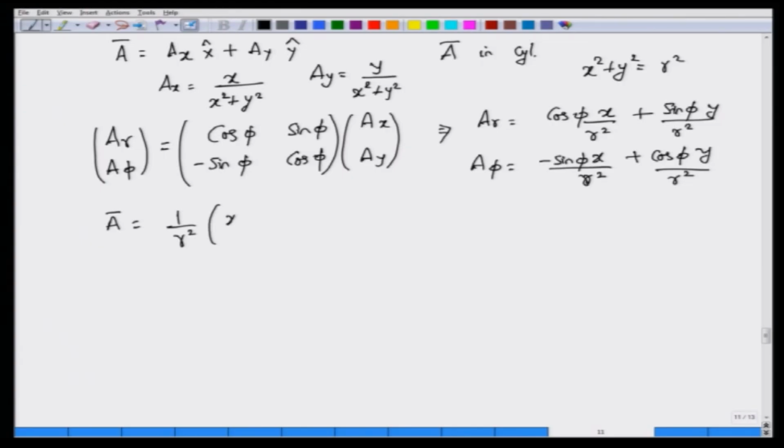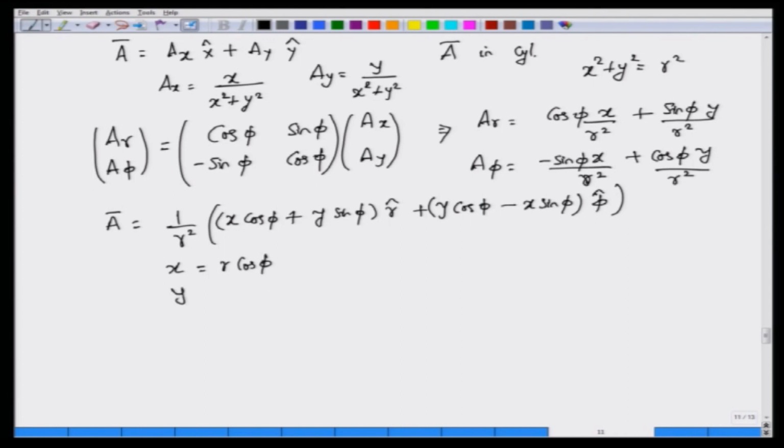So, I have x cos phi plus y sin phi along the radial direction, plus y cos phi minus x sin phi along the phi direction. But I also know that x is equal to r cos phi, y is equal to r sin phi. So, I can substitute for x and y in this expression.